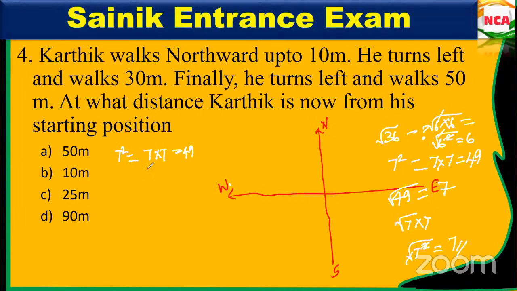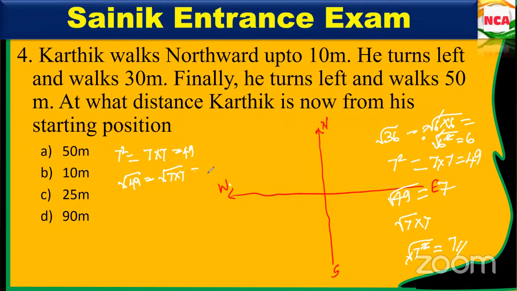To reduce this, the root of 49 is equal to root of 7 into 7.